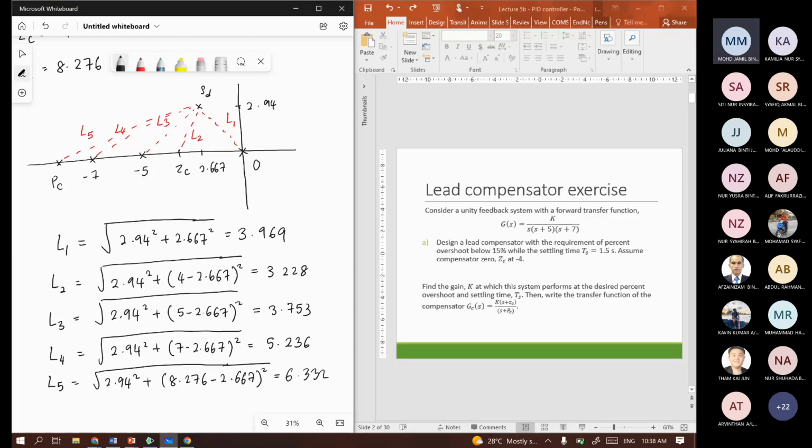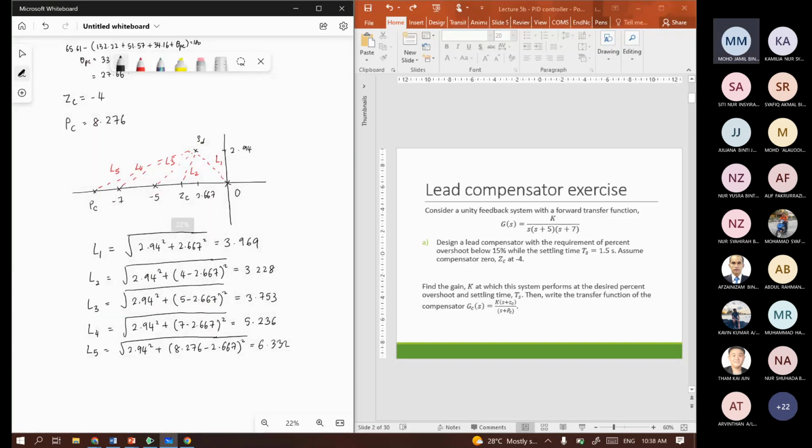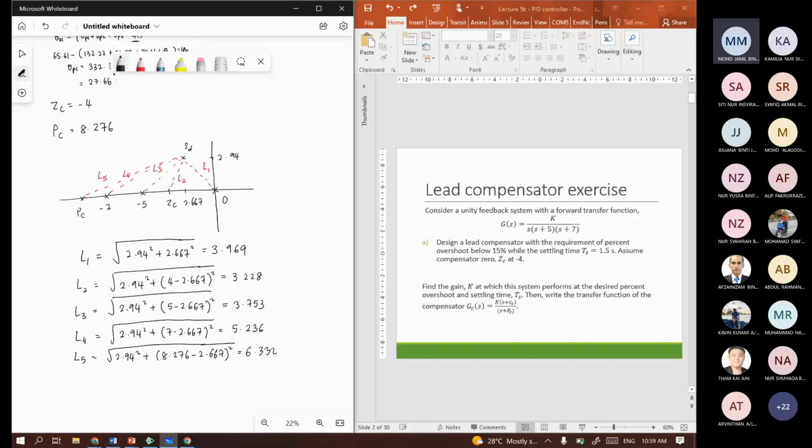Okay, so after you find all of the angles, then you can calculate the product of the lengths. If you still remember from the lecture on root locus, the product of length zeros divided by product of length poles equals 1 over k.